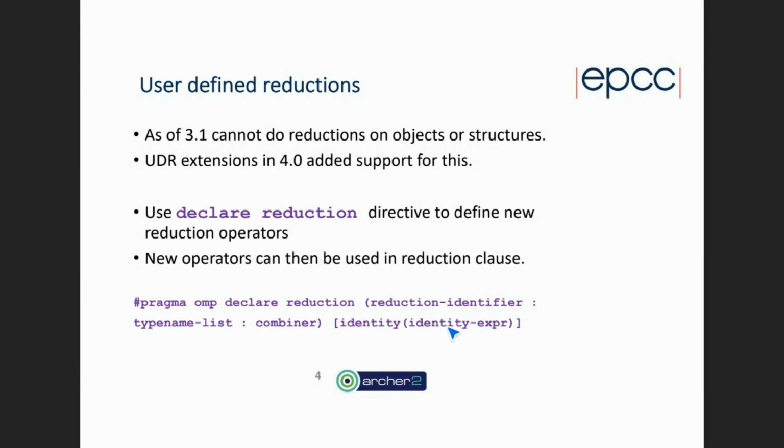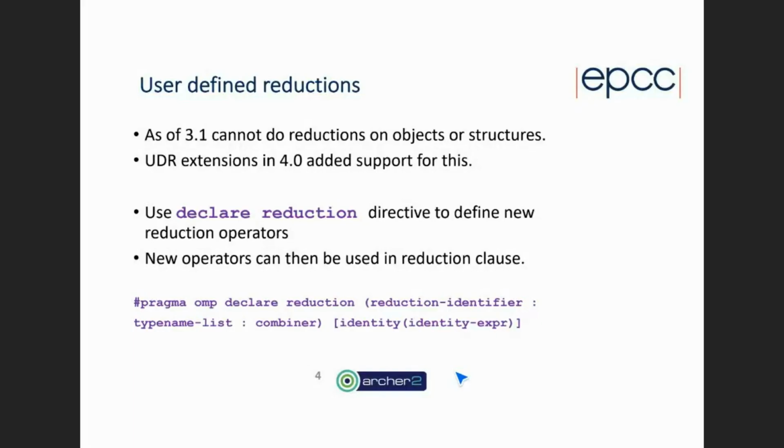And then optionally, you can also specify the identity element for the type. That's the value to which the private copies are going to get initialized at the start of the parallel construct.